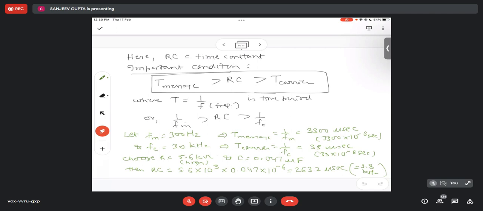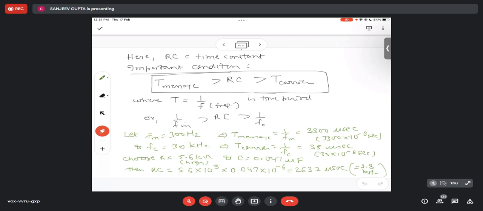So in frequency it will turn the other way around. But let's talk in terms of time, because RC is a time constant. So T of message signal must be greater than RC, which must be greater than the time of the carrier signal, where T is the time period. Now the message time period is 1 by FM. It must be greater than RC and it must be greater than 1 by FC.